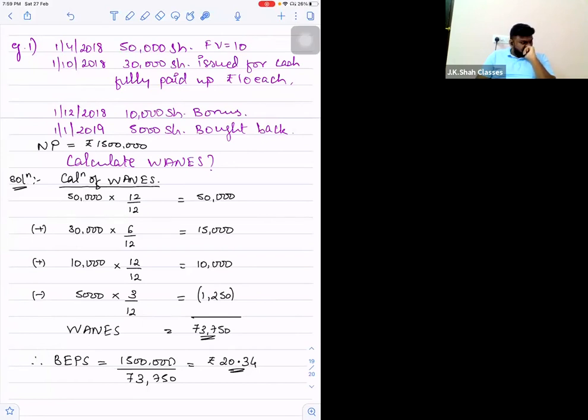It is the time factor, and I'm repeating these words so many times. For what time period will it be outstanding? From what date will you consider it as outstanding? So if it is issued on 1st October, then 1st October to 31st March is a span of 6 months. So it is outstanding for 6 months. Oh, actually, I calculated wrong, sir. Okay.